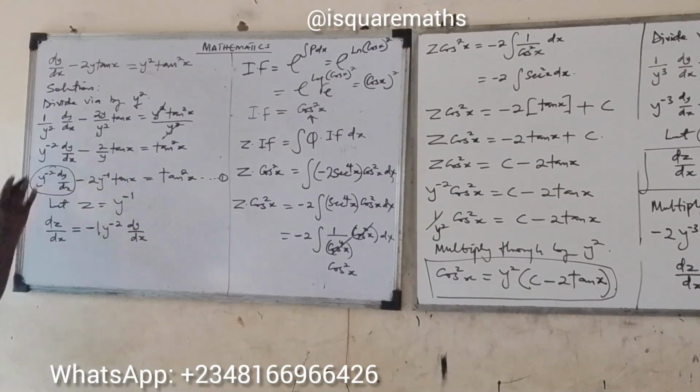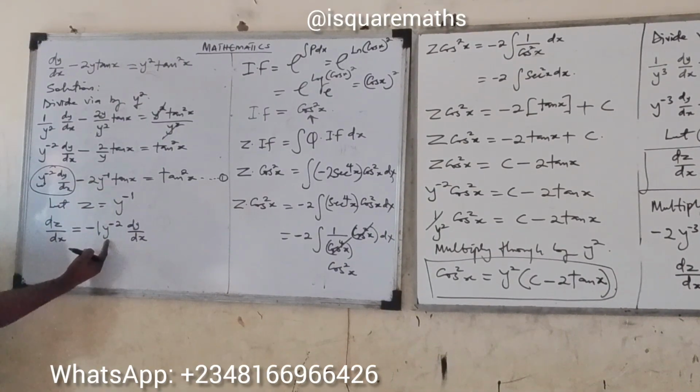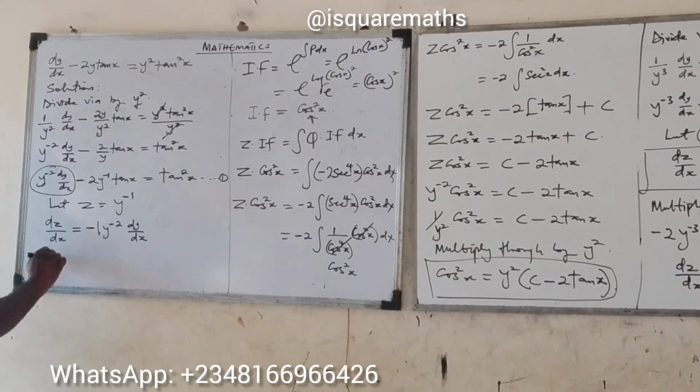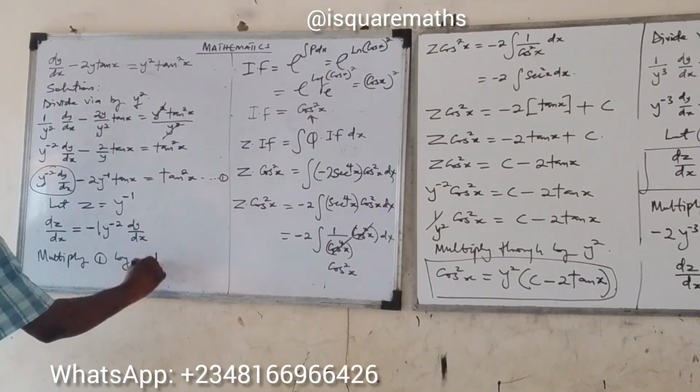Now we want to express this in terms of dz/dx. If you look at this, already we have y power minus 2 dy/dx. So what is missing here is this minus 1. So we're going to multiply equation 1 by minus 1.